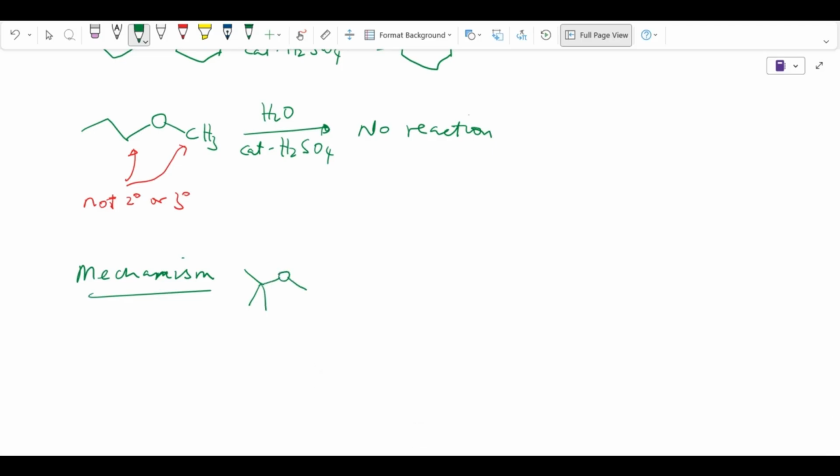So we have this ether, which we treat with water and catalytic sulfuric acid. We say that this is going to form a tertiary alcohol and methanol, or methyl alcohol.